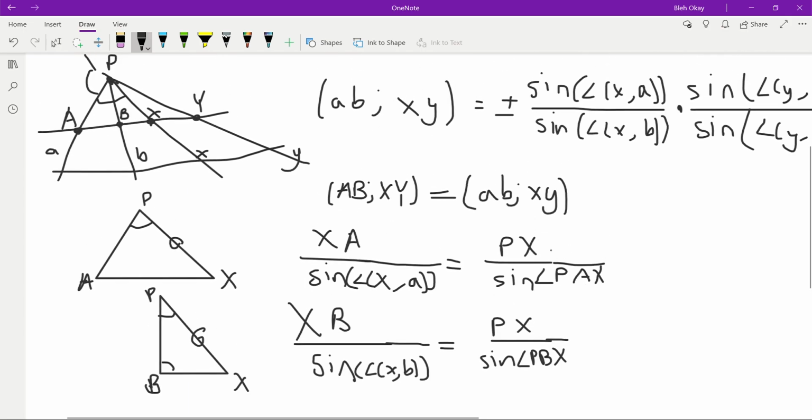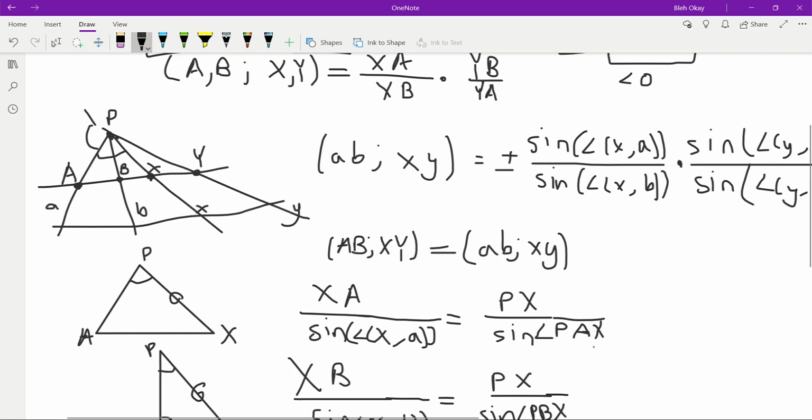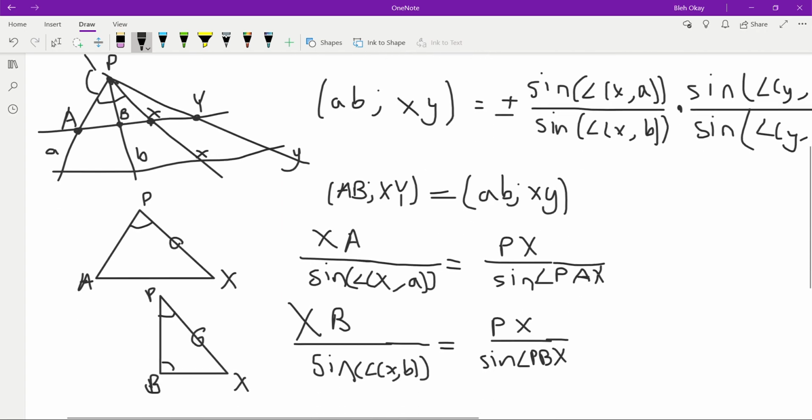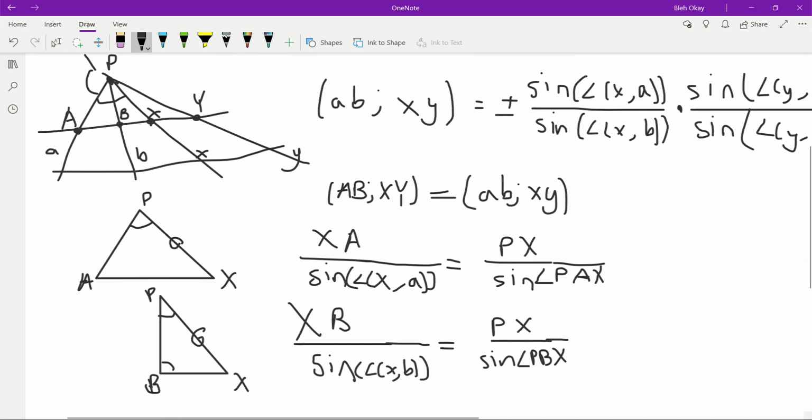Now, in particular, we see that this angle, PAX, well, there's nothing analogous to this PAX in here, right? So we want it to cancel with something else.